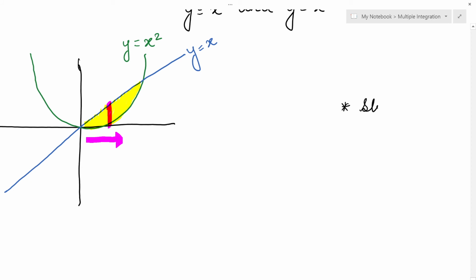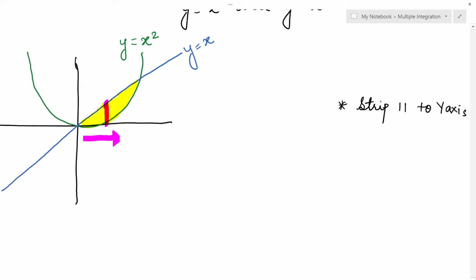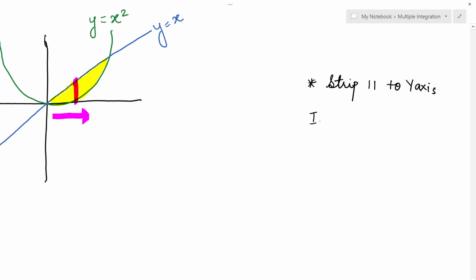Okay. Strip is parallel to y-axis. That means you have to integrate with respect to y first.